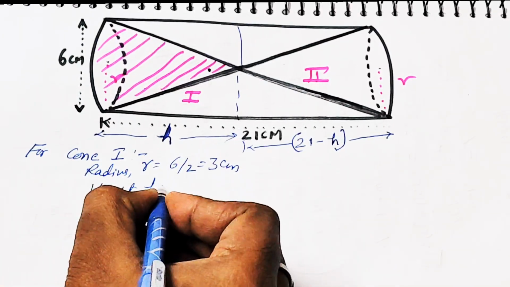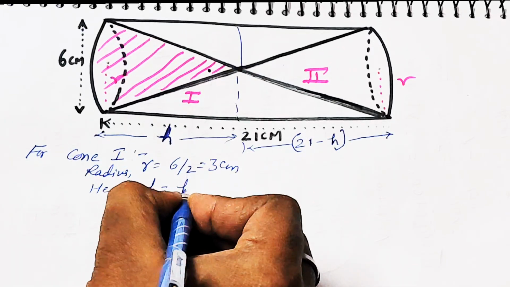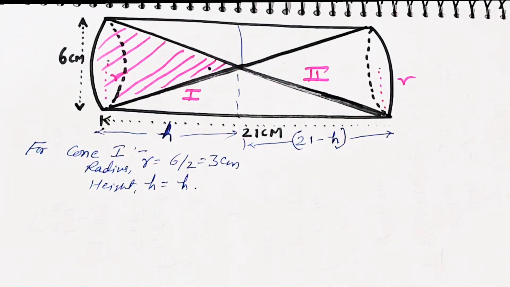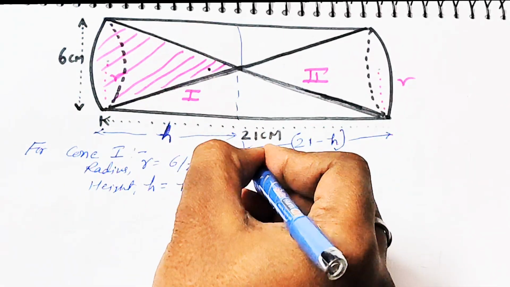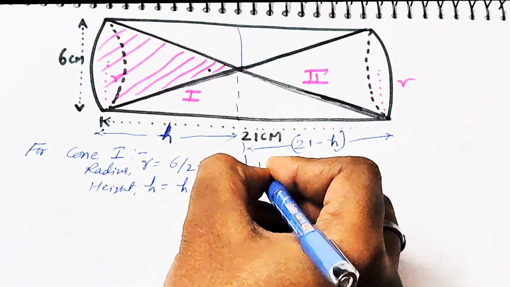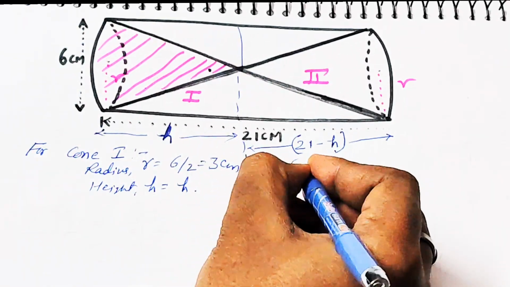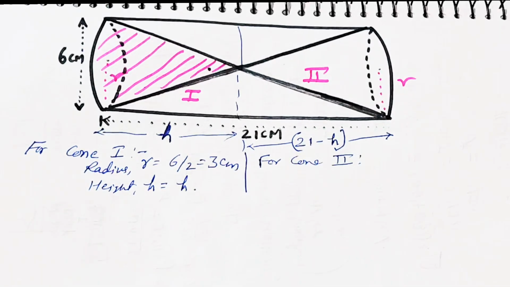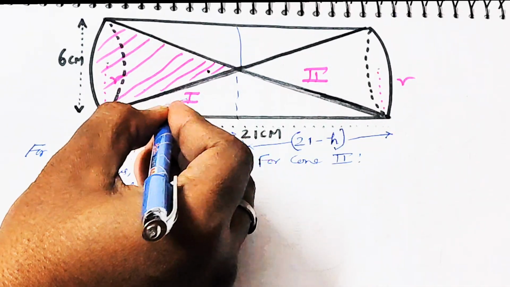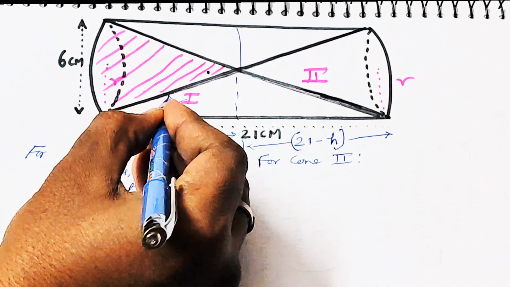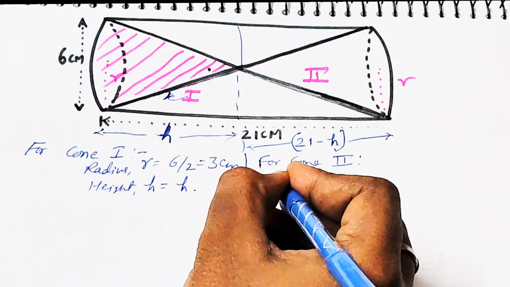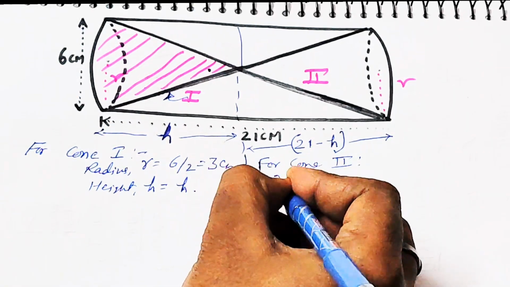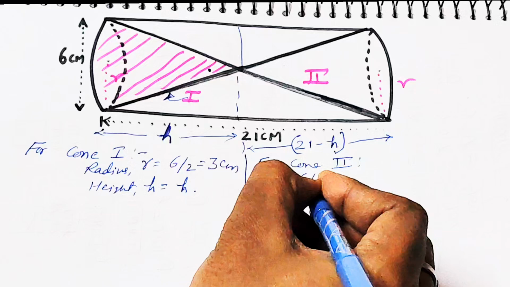So this is the data for cone 1, and similarly for cone 2, the radius is 6 by 2 because 6 is the diameter. So 6 by 2 will be the radius of the base, so it will be equal to 3 centimeter.